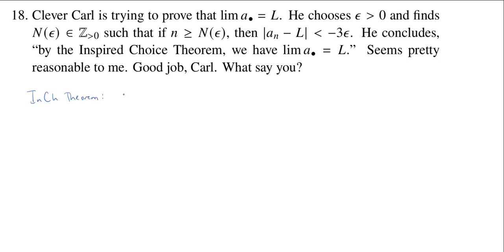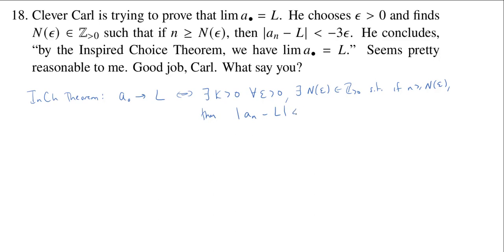It says that a_n converges to L, or the limit of a_n equals L, if and only if there exists a positive constant K such that for all epsilon greater than 0, there exists an N, depending on epsilon, a positive integer, such that if little n is at least N of epsilon, then the difference between a_n and L is bounded by K times epsilon. Okay?